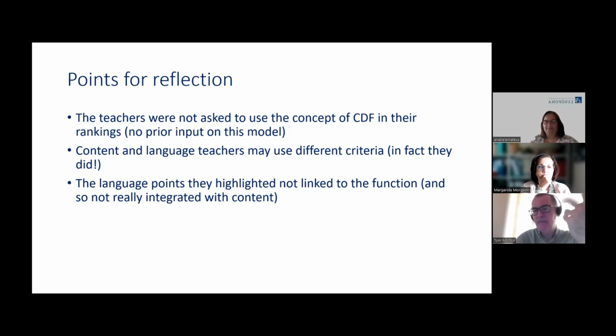So teachers can highlight language points, tense mistakes, spelling mistakes, which would be there in any text. You could mark those mistakes and try to correct the students, and it wouldn't have anything to do necessarily with the aims of the content activity.